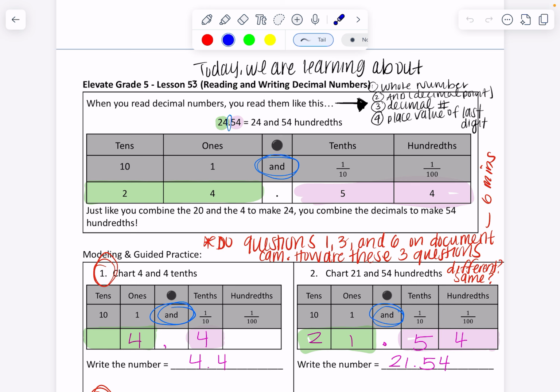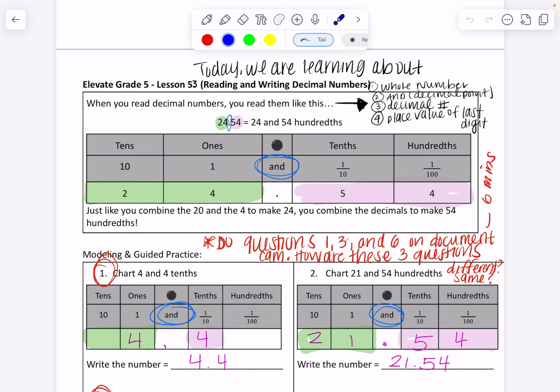However, you are going to be given a number that looks like this, and students are going to have to use the place value chart to help them translate that number into standard form before writing it fully in standard form without the place value chart.